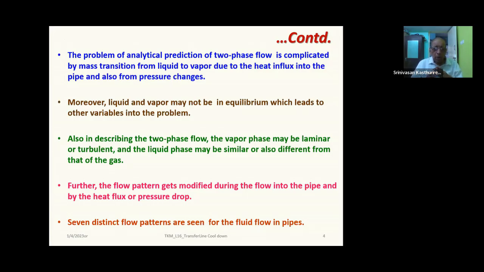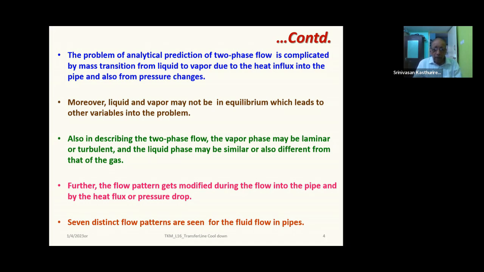So how does one get an idea of the quantity of liquid that is transferred? For that, you have to do an analytical prediction, and even if you start with 100% liquid, because of the heat coming in, the fluid that comes out of the transfer line will be a two-phase flow. That means it will contain a mixture of liquid and vapor.